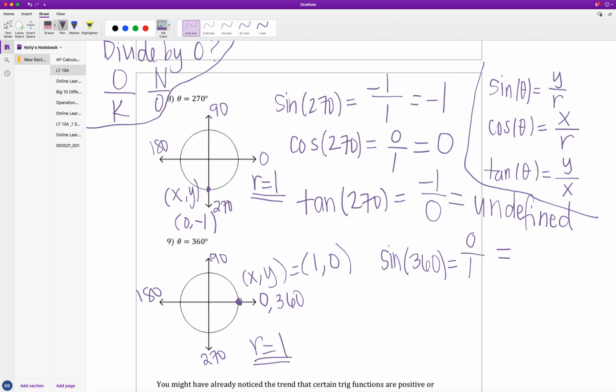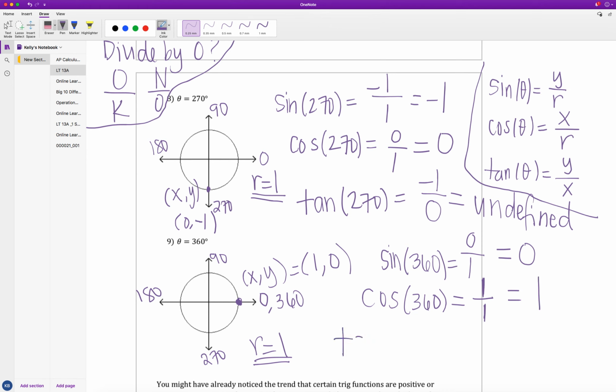So 0 over 1 is just going to be equal to 0. So sine of 360 is equal to 0 then. Let's do cosine now. So cosine of 360, remember cosine is adjacent over hypotenuse, or x over r. So the x value now is 1 over my radius, remember, is always 1. So 1 over 1 is just going to give me positive 1 then.